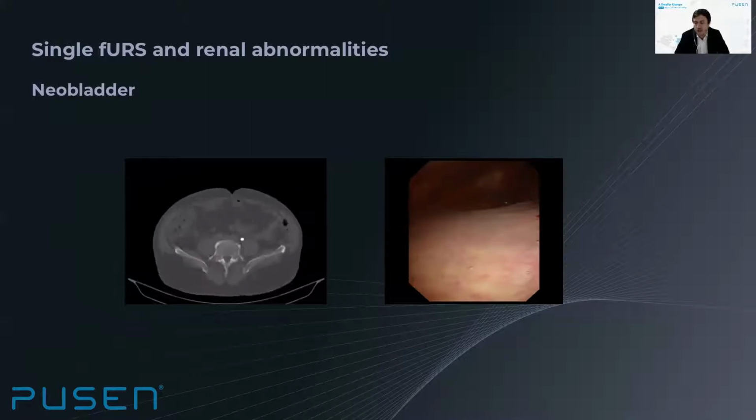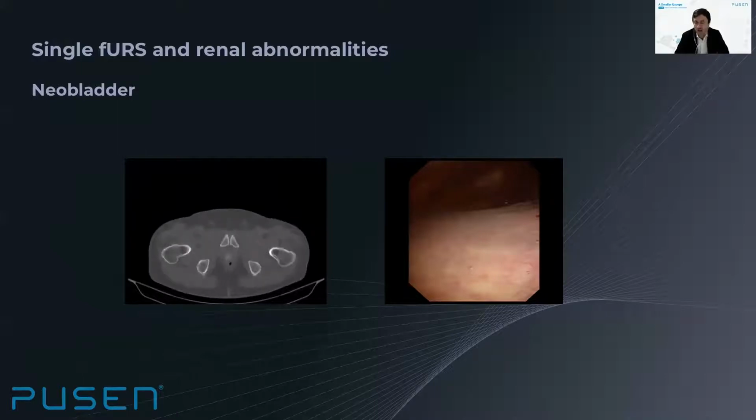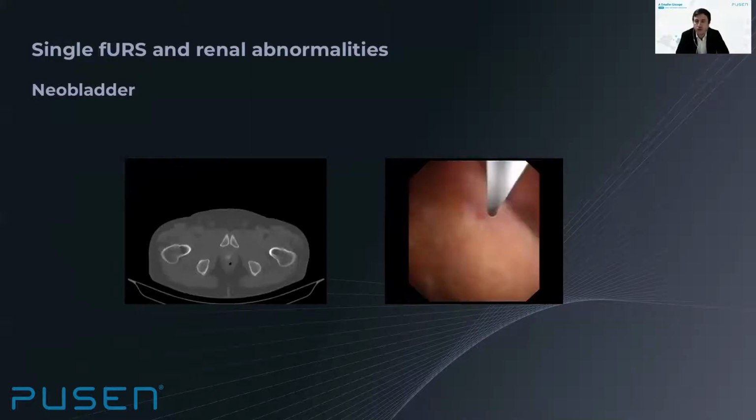The left ureter anastomosis is situated in the anterior aspect of the neobladder, as you have already seen in the CT scan. And this localization makes the insertion of the flexible scope totally impossible, and also makes impossible the insertion of a straight or a curved guide wire through the ureter, as you will see.